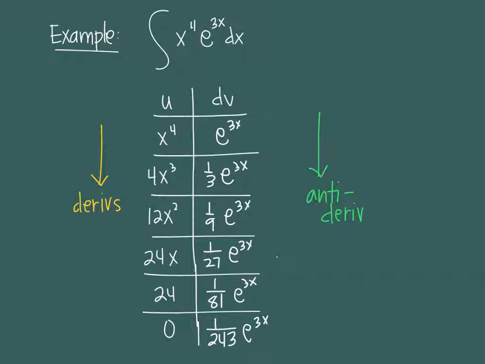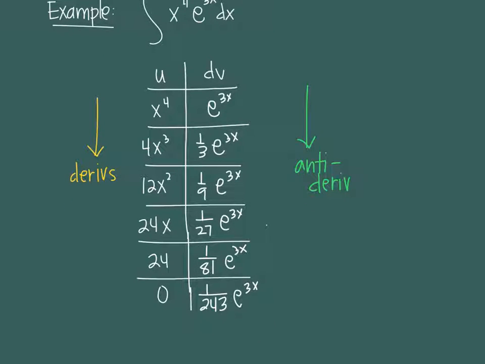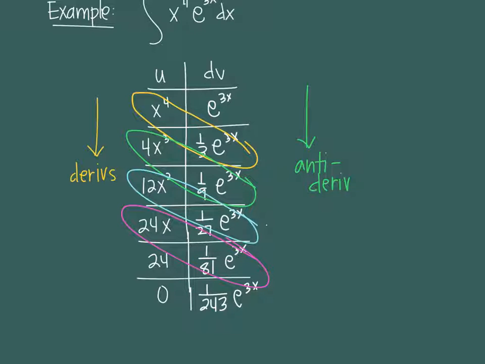Okay. Then we start pairs. I'm going to start yellow and green. And we'll get some other colors in here. How about blue? And then maybe pink. And maybe, what else could we do?